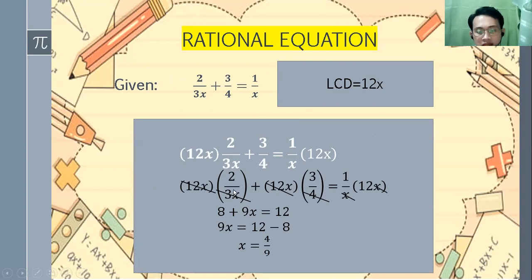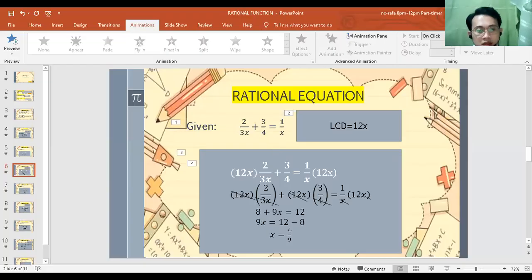So in my step here below, we cancel out 12x and 3x. If you're asking why, it's all because, okay, let me write here an annotation for a moment. In my annotation here, if you're asking why did I cancel out 12x and 3x, it's all because this expression is divisible by each other.